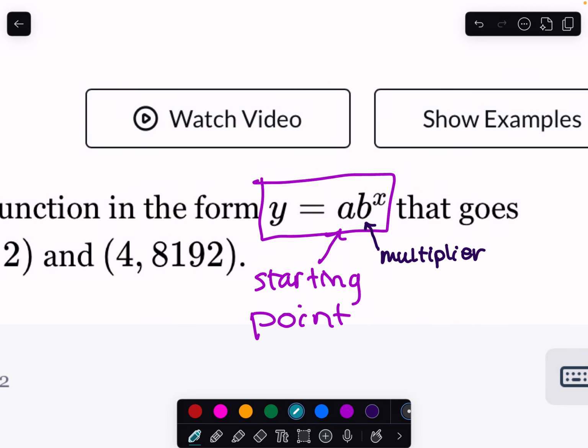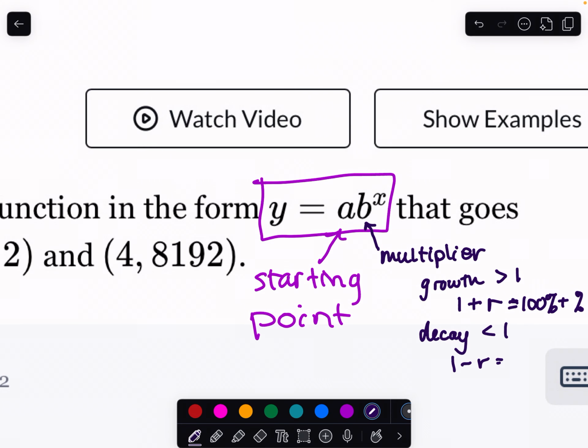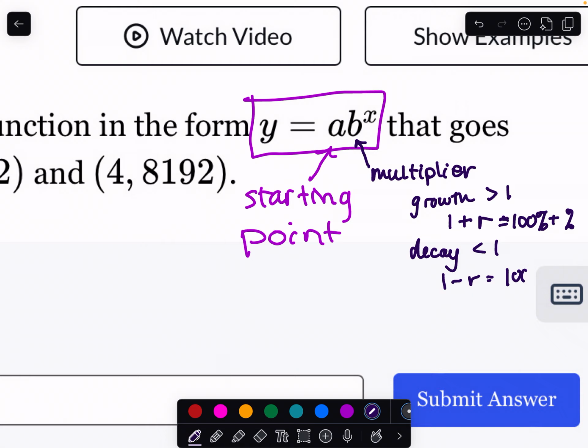If it is growth, that will be greater than 1. To find out what it is, it would be 1 plus the rate, which is the same thing as saying 100% plus whatever the percent is that they tell you. If it was decay, that's when it's less than 1, which would be 1 minus r, which is the same thing as saying 100% subtract whatever the percent is that they give us.